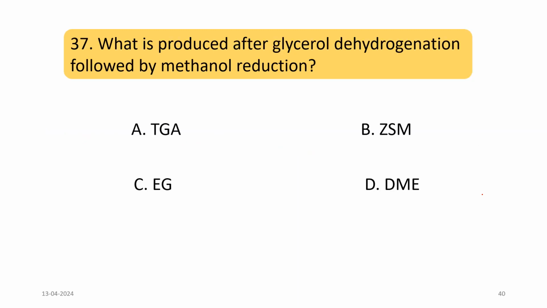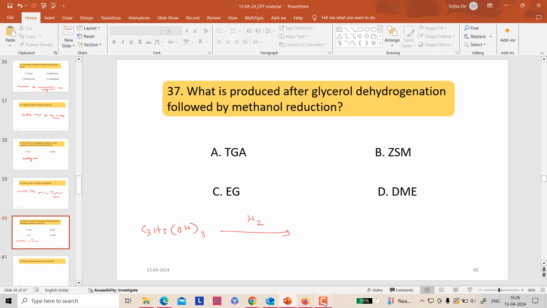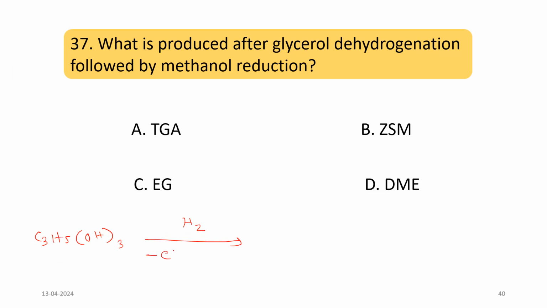Next, what is produced after glycerol dehydrogenation followed by methanol reduction? Glycerol dehydrogenation happens, followed by methanol reduction, which means one CH3OH will be taken out and it will produce this.